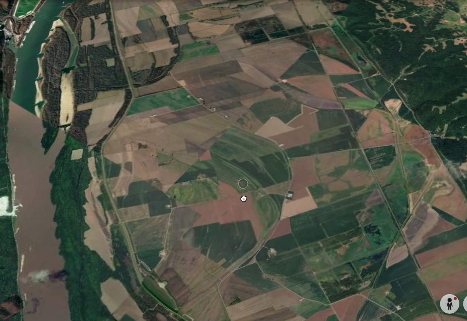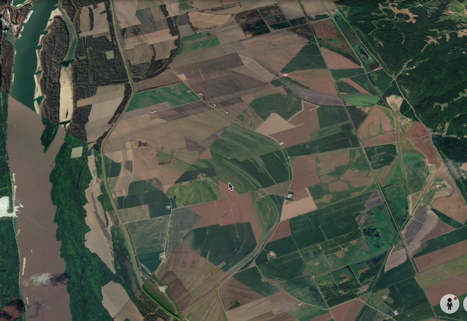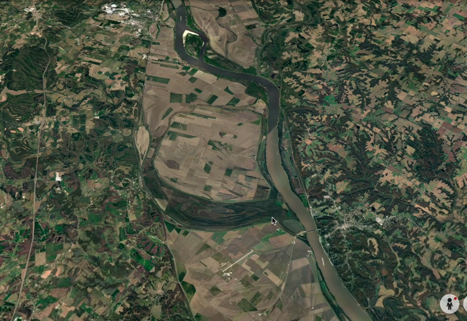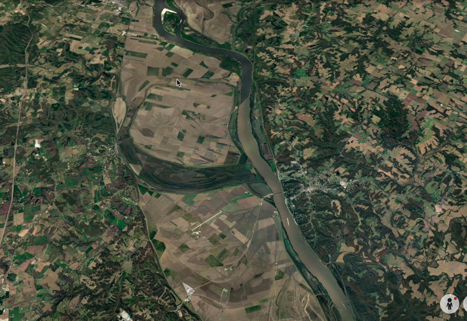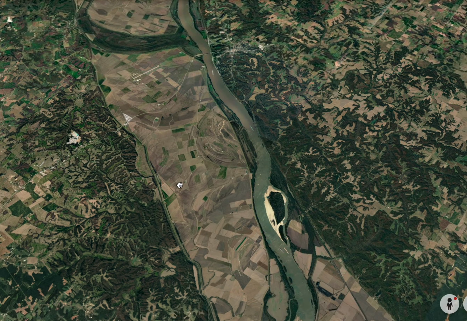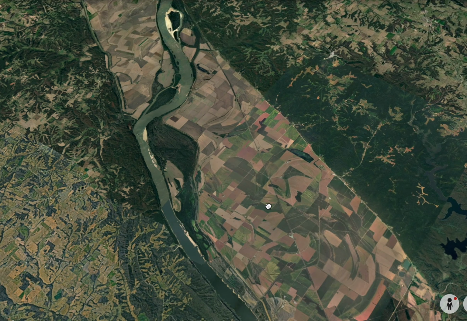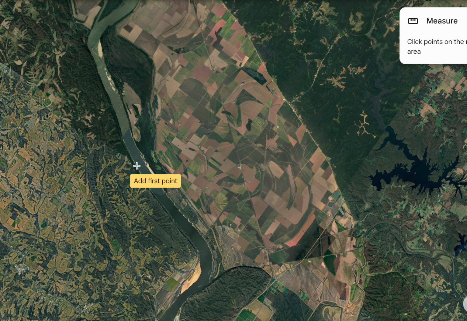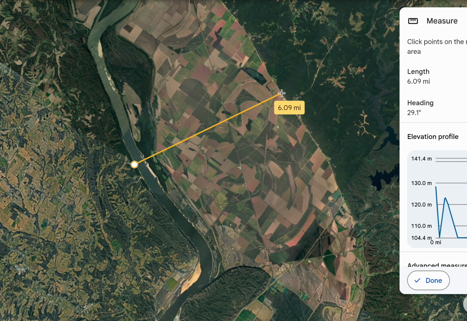And then when you look at the floodplain, you can see the meanders from when it was smaller. Right, all these meanders are barely cutting into that mega channel, barely making a few marks in it. But for the most part, it's a really nice straight mega channel. Let's get a measurement, 6 miles.